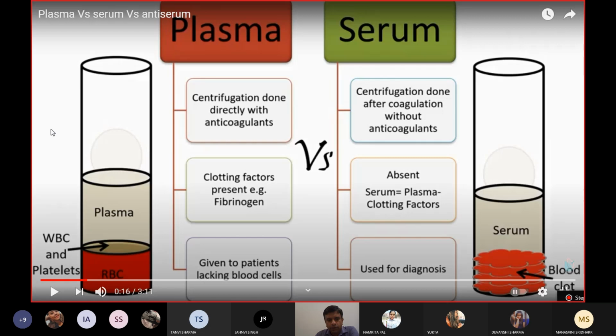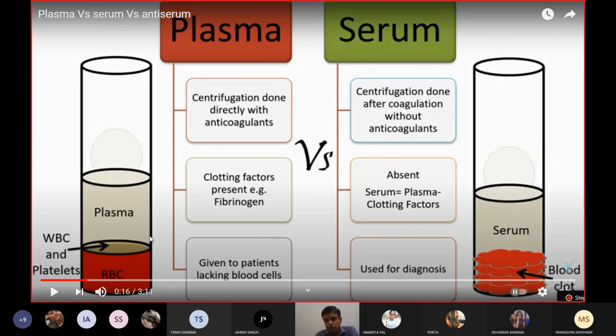So you can see when we just do the centrifugation directly with anticoagulants, right? So we are using anticoagulants here, okay? So the RBCs settle down, right? And whatever is left above is your plasma.